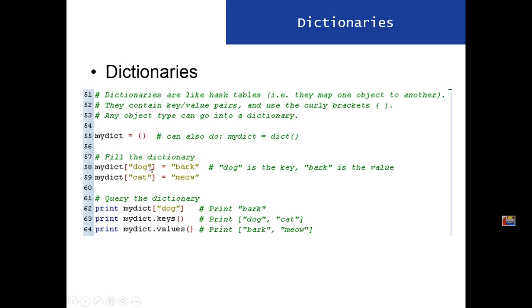Sure. So my dictionary of cat is equal to meow. You can print the values of your dictionary by saying print my dictionary of dog, and that would print bark for you.